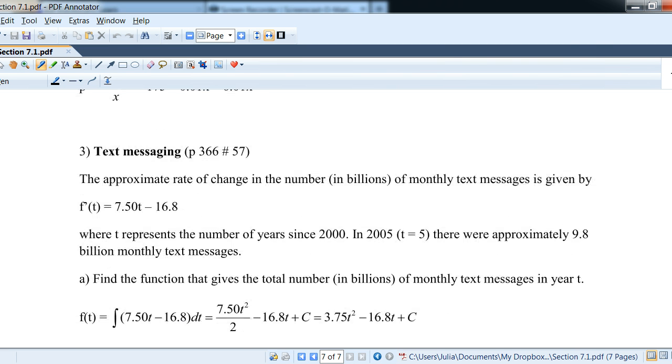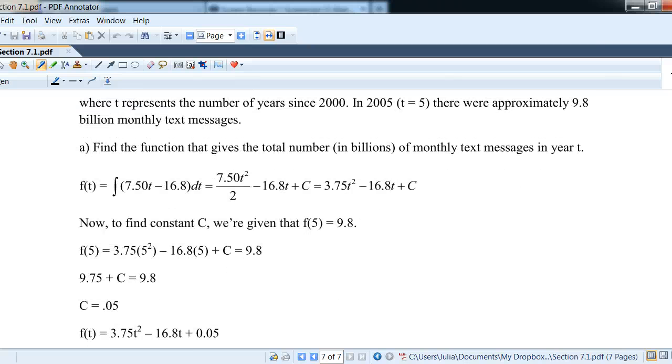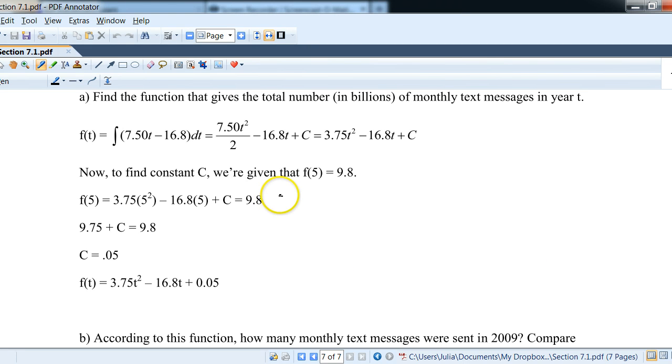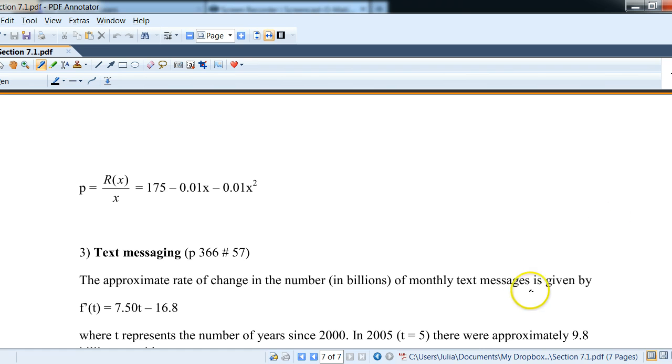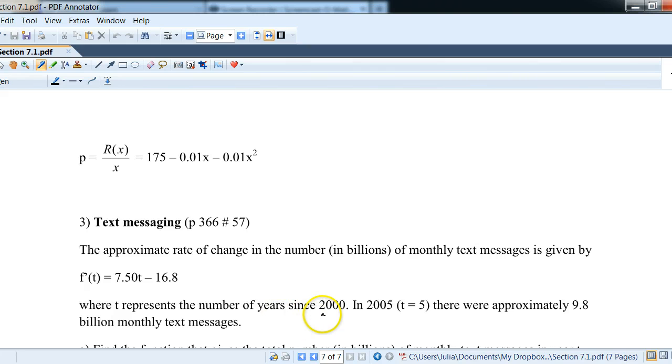Okay, and I think maybe this is the last one with the rate of the monthly text messages. I think the idea is exactly the same. You just have to be careful with the units, with the billions. Here, we were told that the approximate rate of change of monthly text messages is given. Now, in 2005, since 2000, where t equals 5, there were approximately 9.8 billion text messages.